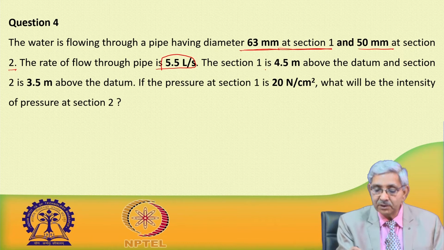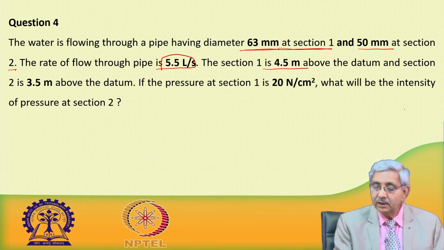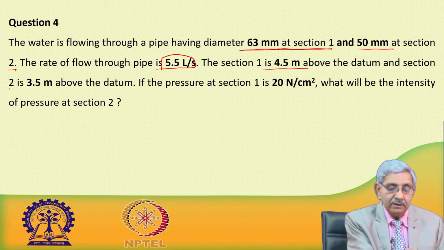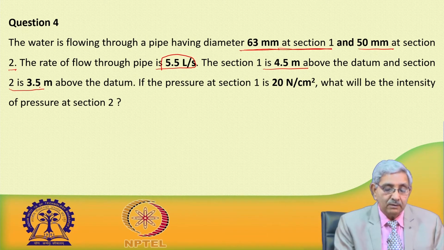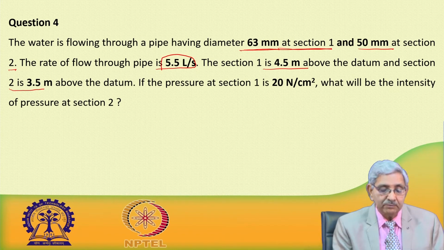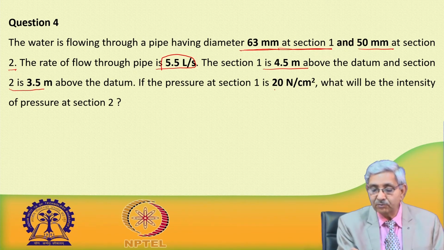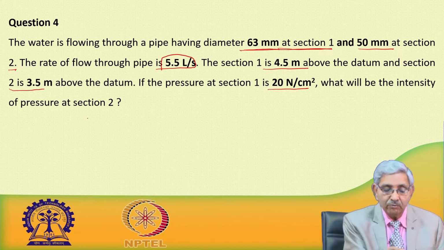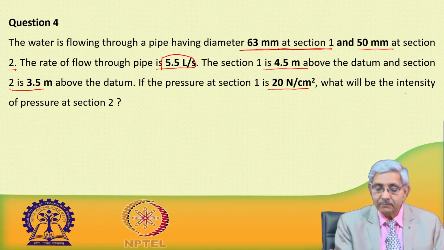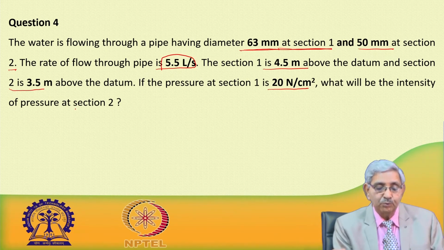The elevation head at section 1 is given as 4.5 meter above the datum, and 3.5 meter above the datum at section 2, and pressure at section 1 is 20 Newton per centimeter square, and we are required to determine the pressure at section 2.